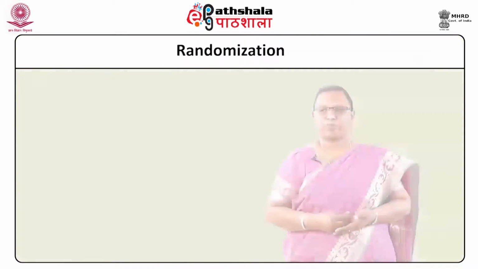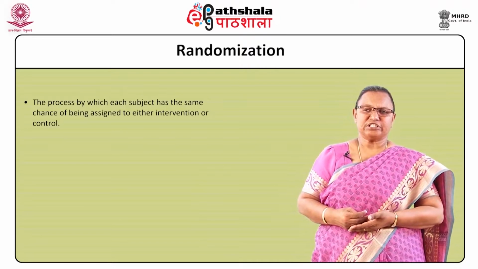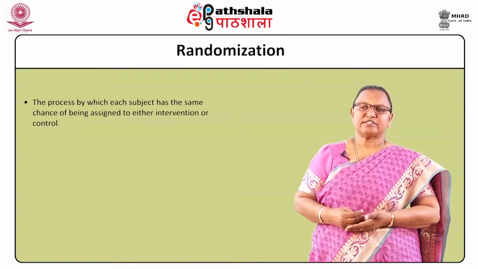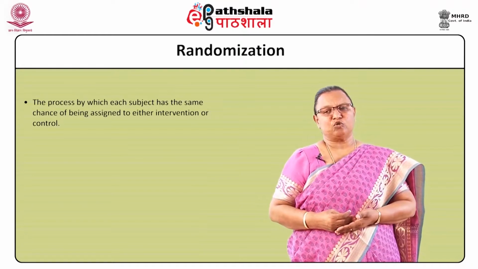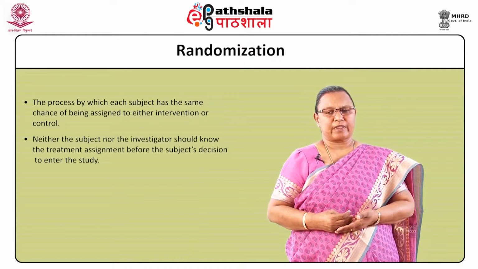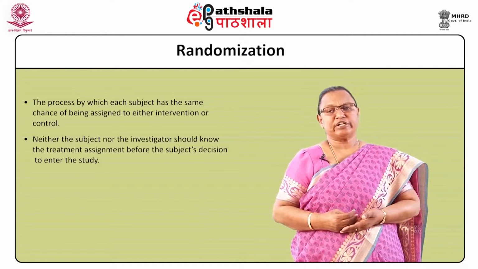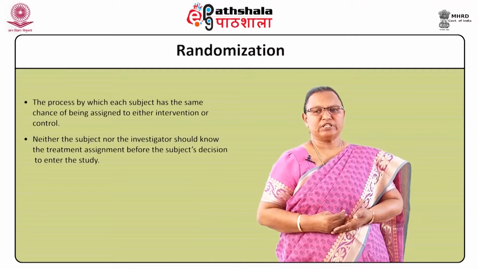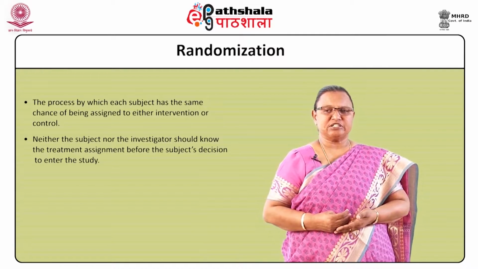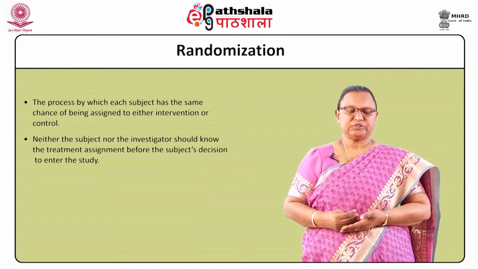The word randomization is very important in experimental research. It is the process by which each subject has the same chance of being assigned to either intervention or control. Neither the subject nor the investigator should know the treatment assignment before the subject's decision to enter into the study.